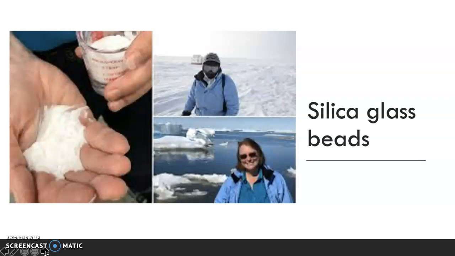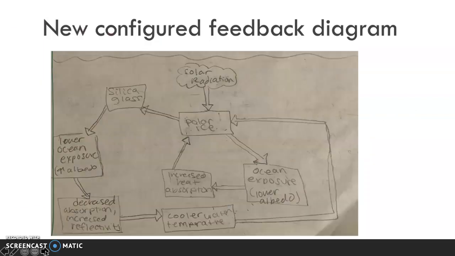So with this in mind, I created a new feedback loop that includes this deterrent. And so this is my new configured feedback diagram. So I have the solar radiation pointing to polar ice, and then I also include the normal one, which would lead to more ocean exposure, which is a lower albedo, and then increased heat absorption.